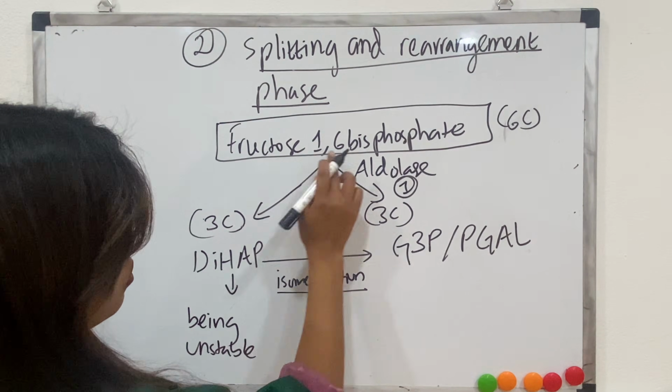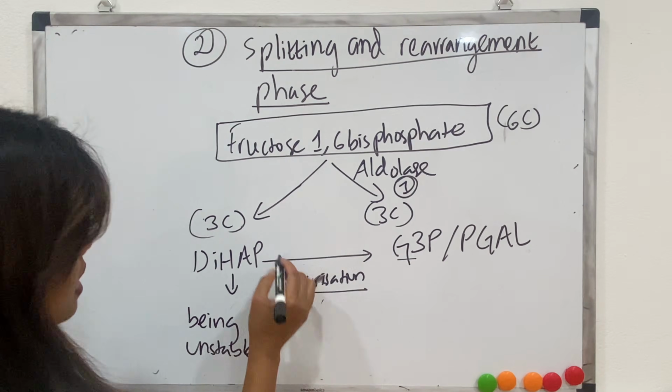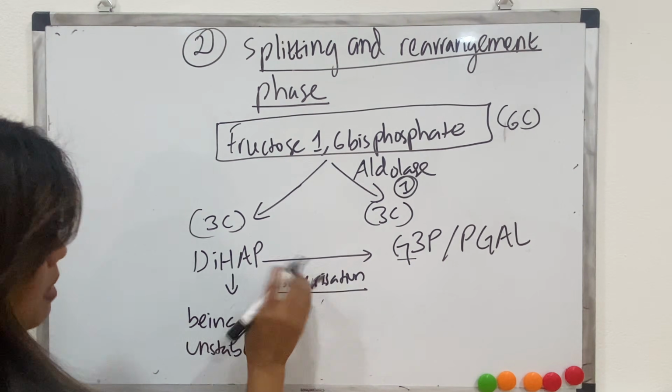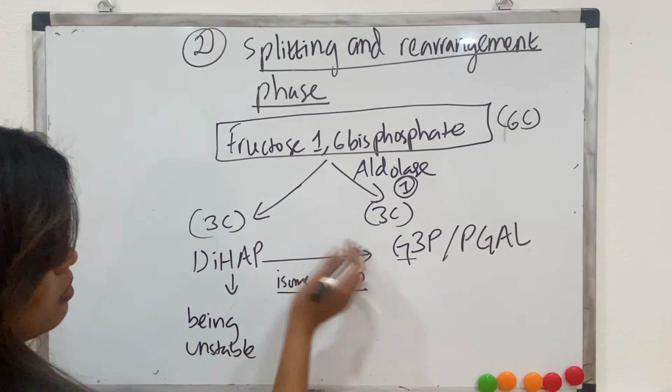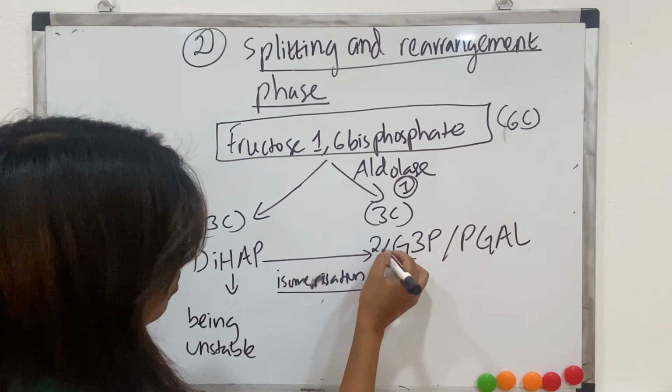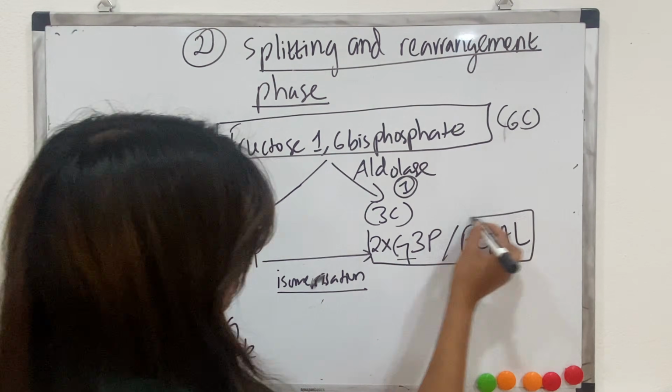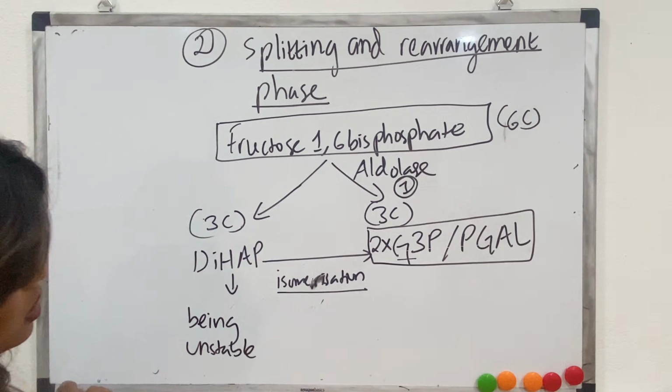So now there is 1 G3P produced from the splitting of fructose 1,6-bisphosphate, and there is another G3P formed from the conversion of DHAP. So now there are 2 molecules of G3P.